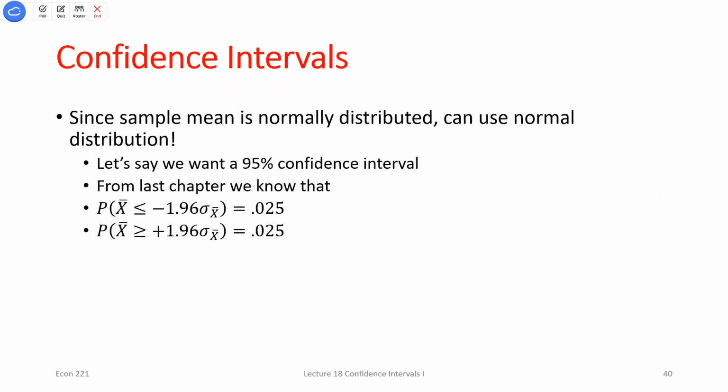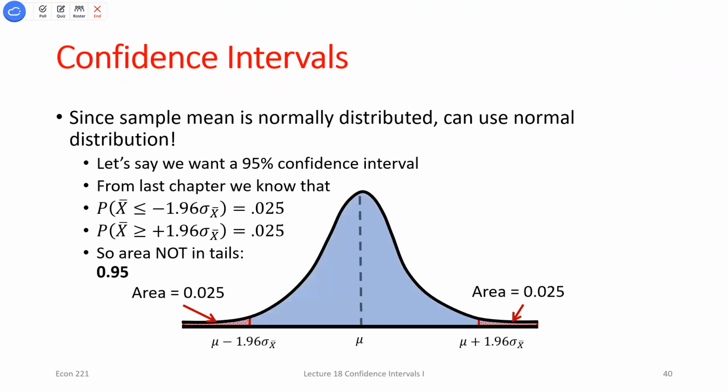From what we knew about the standard normal distribution, I can figure out how many standard deviations away I need to go to guarantee that the probability I see something between this many standard deviations above or below is 0.95. That's the probability I want in the middle.